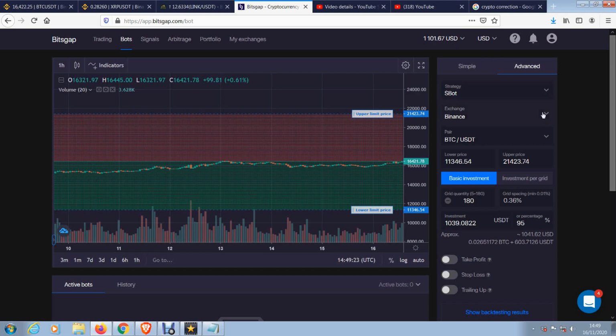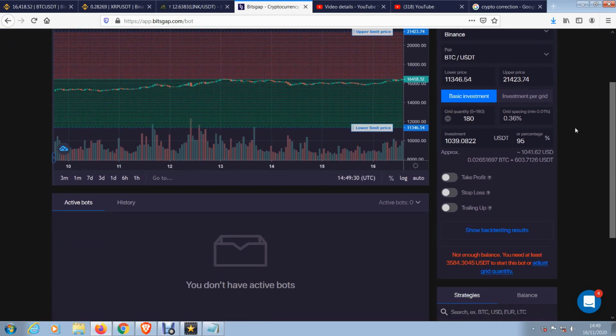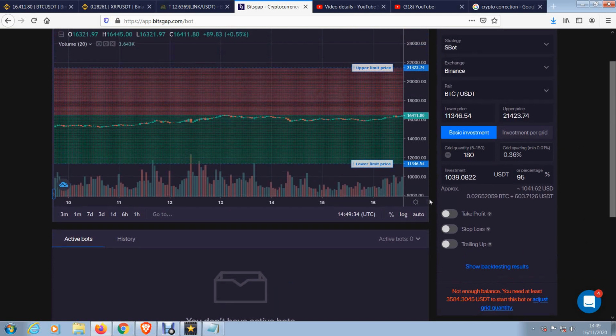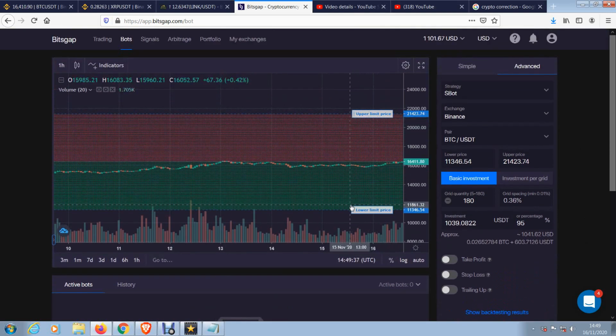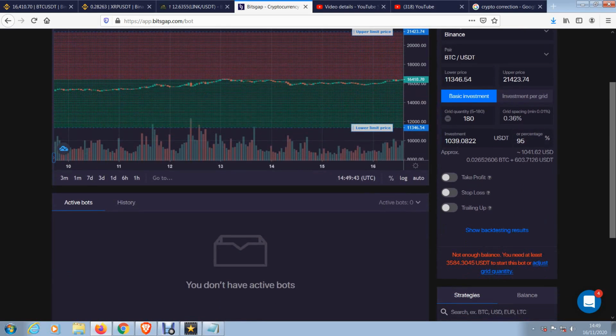So what I was saying before about small investments like this, $1,000, it's reasonably small, is going to have a problem if you wanted to have an enormous grid shape. Remember what I said, that every single grid represents a buy and a sell. So they will want to have available funds for placing these buys and sells.